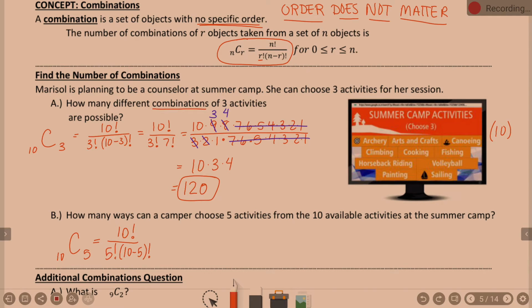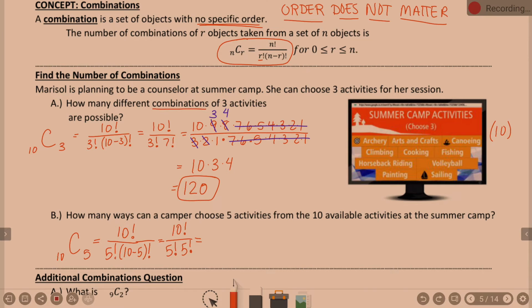So 10 minus 5 factorial. Now, when we clean this up, it's 10 factorial over 5 factorial times 5 factorial. I gave you that hint yesterday that those 2 numbers on the bottom will always add to be the top number. Okay, that's not coincidence.